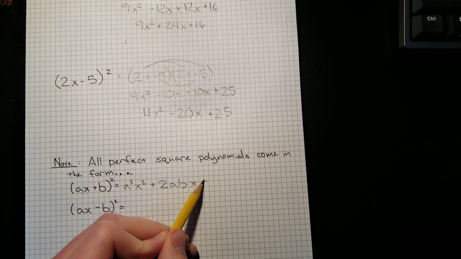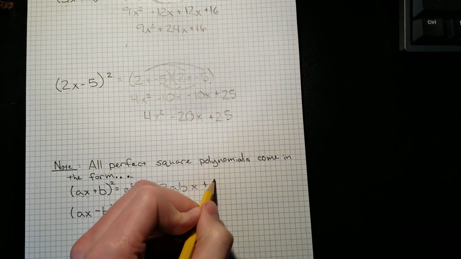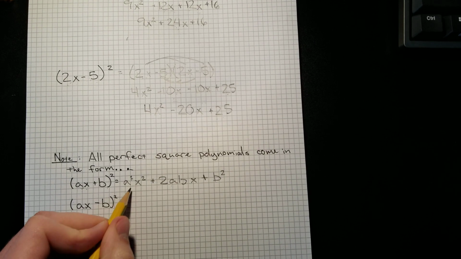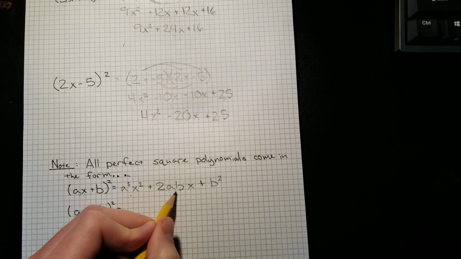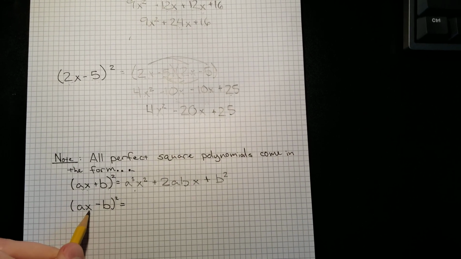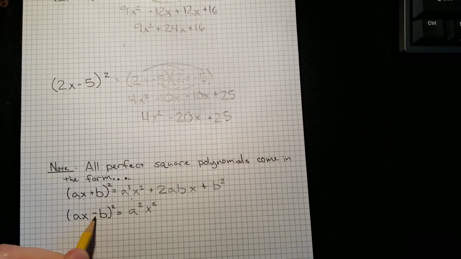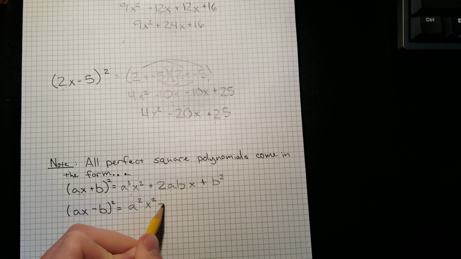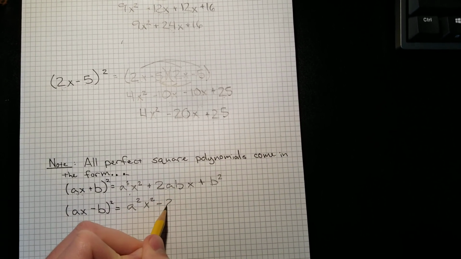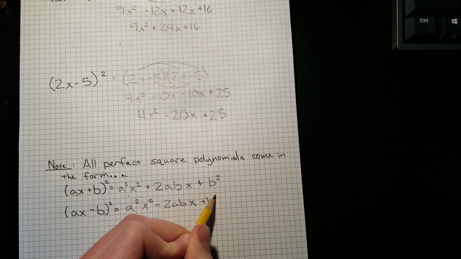And the last term we said is just that last term squared, so b squared. So a squared x squared plus 2abx plus b squared. And here, if you add a negative, it's the same thing, except that becomes a minus in the middle.